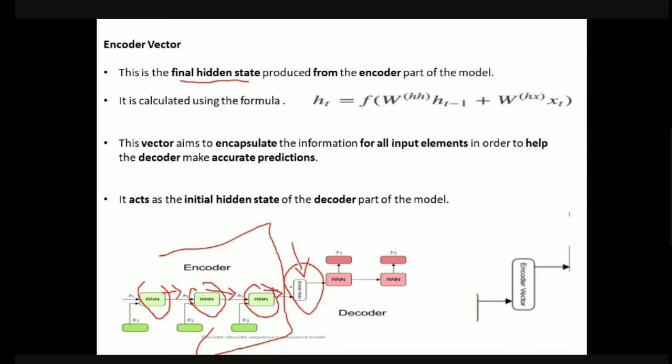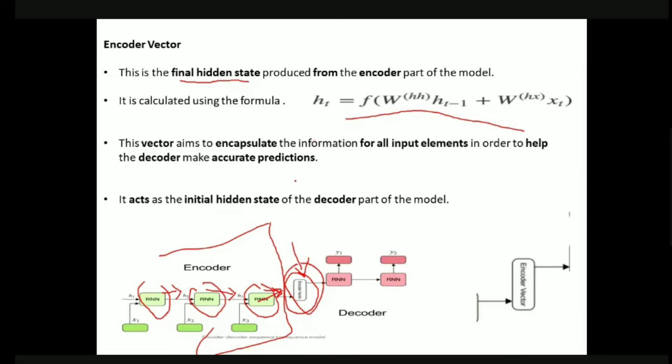So every time this encoder vector is being updated, right? We have already discussed that the final hidden state is produced from the encoder part of the model. So for this encoder vector, the input is the final hidden state of this particular encoder. So how is this final hidden state calculated? Just now we discussed it as a function of WHH h(t-1) plus WHX xt.